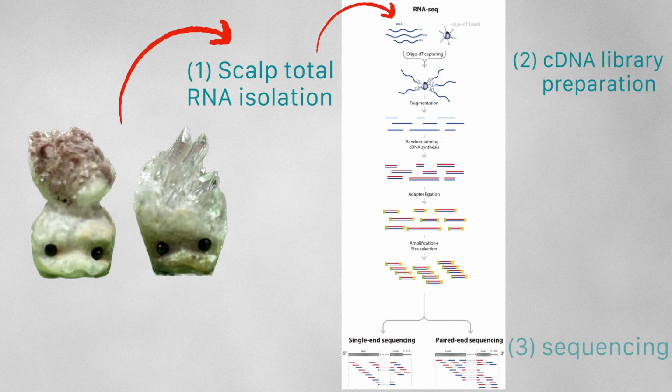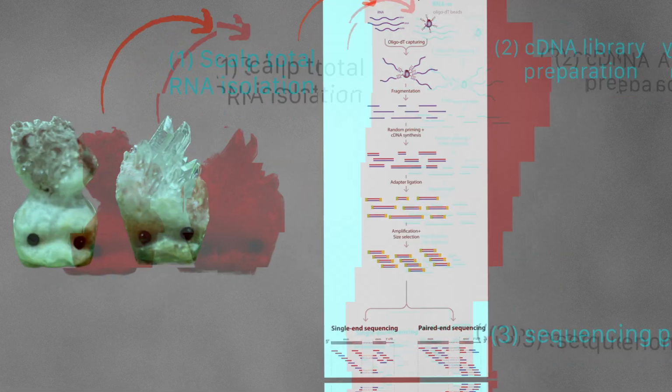And lastly, we do the sequencing. And from that, we get our sequencing reads. And that sums up the entire wet laboratory considerations and the principles going towards RNA-seq analysis.